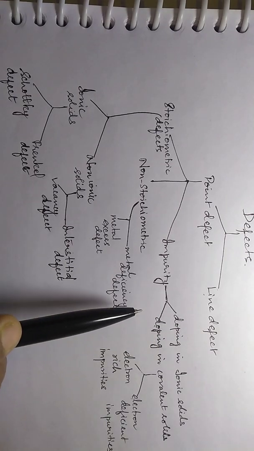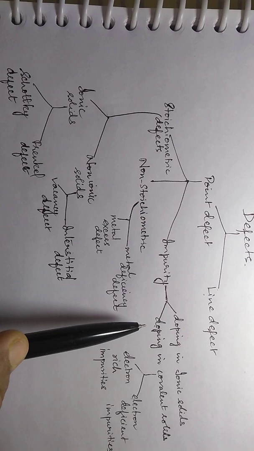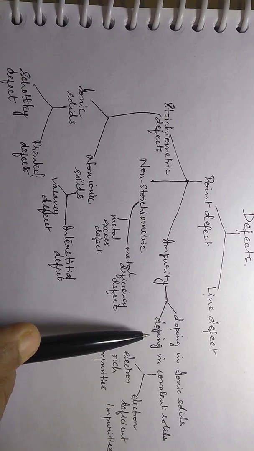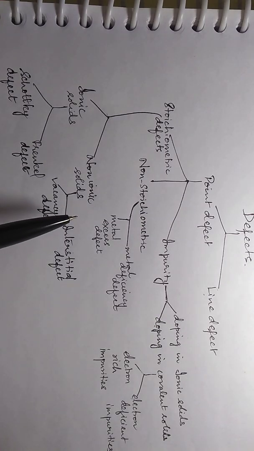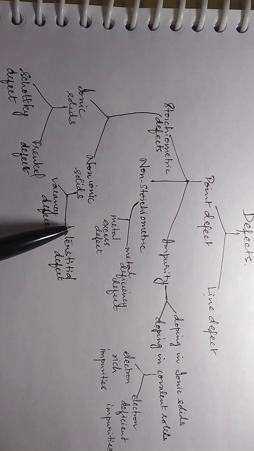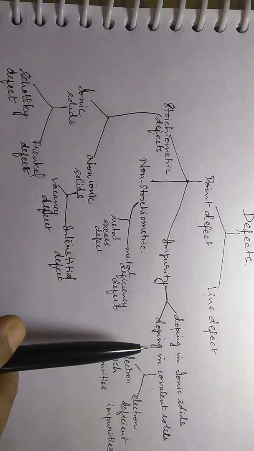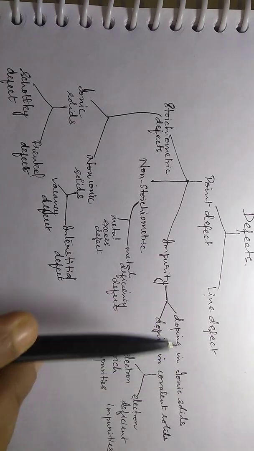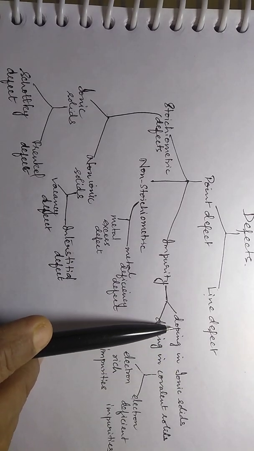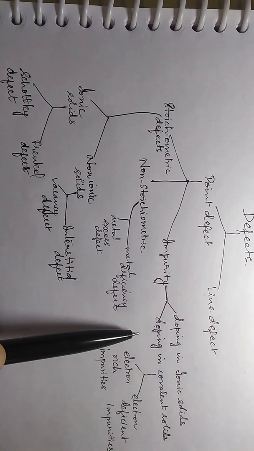Doping is nothing but introduction of an impurity atom in a particular substance. Dope test you must have heard, especially in athletes or players, those who take something to improve their muscle power. So here something is added.